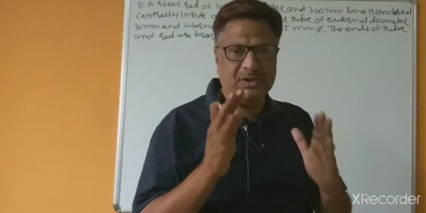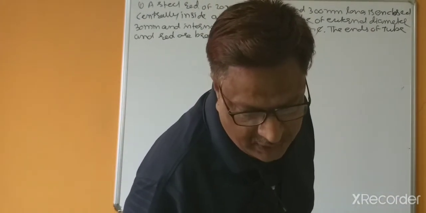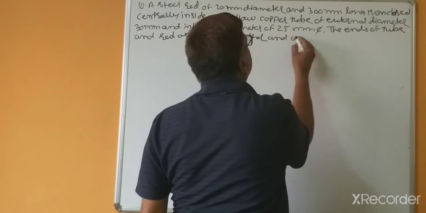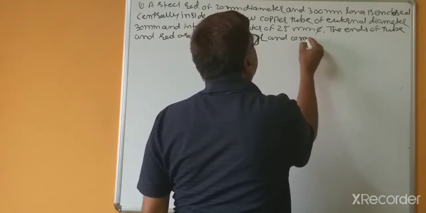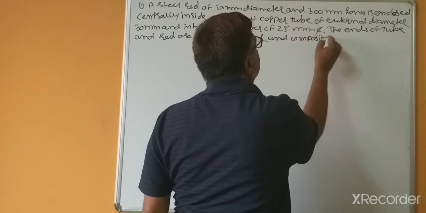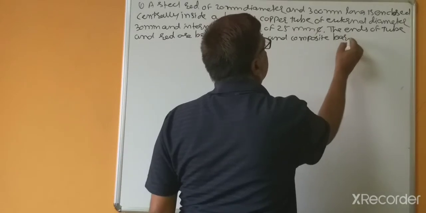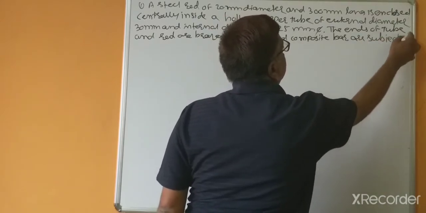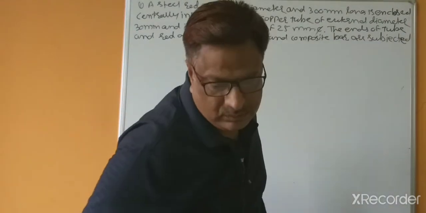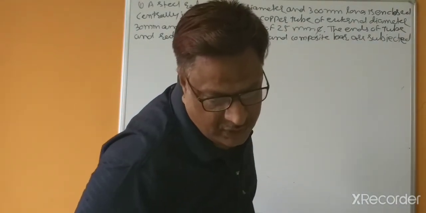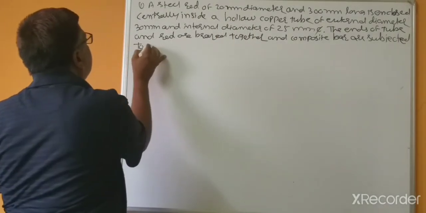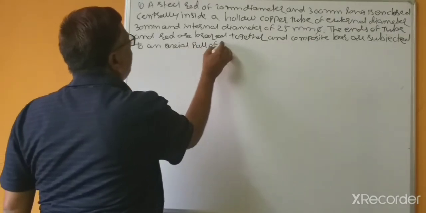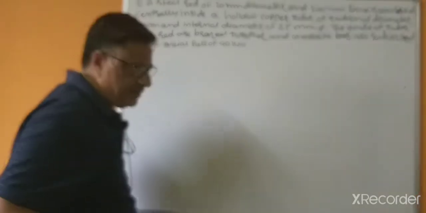So whatever the elongation, both materials have the same elongation, and the composite bar is subjected to an axial pull of 40 kilonewton.